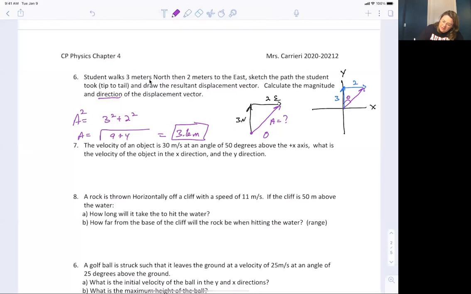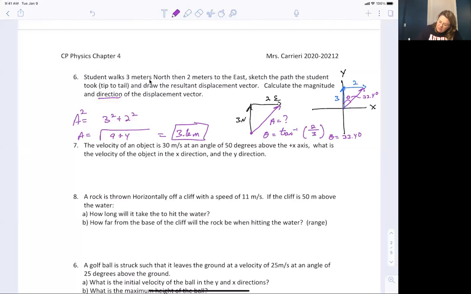So theta equals the inverse tangent of the opposite side, which is 2, over the adjacent side, which is 3. So theta equals 2 divided by 3, 33.4 degrees. So this is equal to 33.4 degrees. Now we got to describe that. You can describe it more than one way.